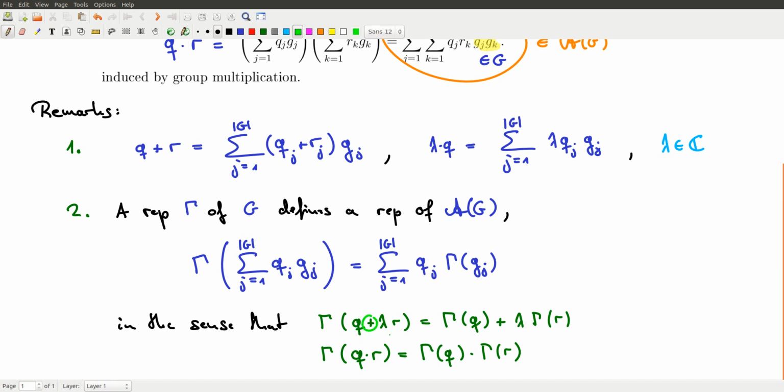So sums and multiplication with scalars become linear combinations of the representation matrices, and we also have that gamma of a product is just the product of the representation matrices.